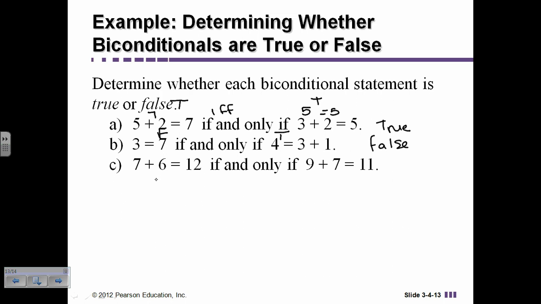For the next one, we have 13 equals 12, which is false. We have 16 equals 11, which is false. And since both of them are false, our biconditional statement is true.